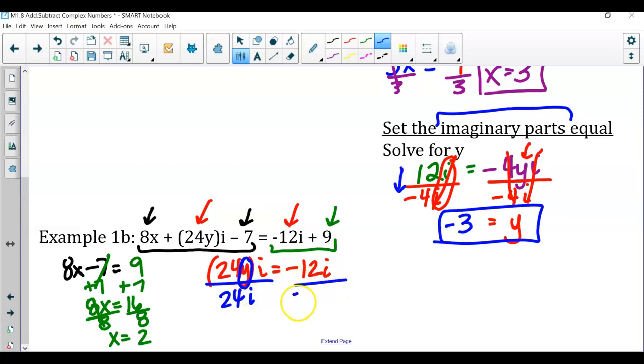What we do to one side of the equation, we need to do to the other. So now the 24s cancel out to get 1, and i divided by i is 1, and here's our y. Then on the other side, i divided by i is 1, so they cancel out. Now notice that's negative 12 over 24, so that's -1/2.